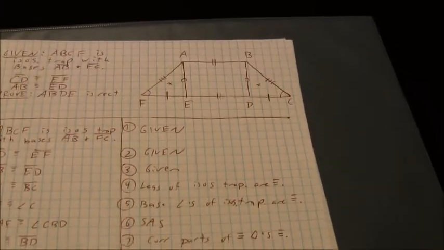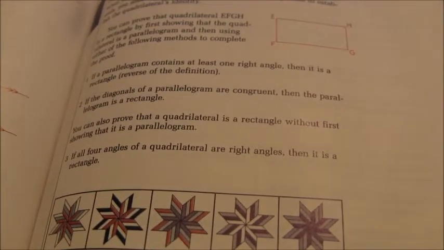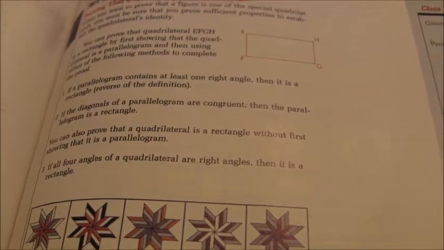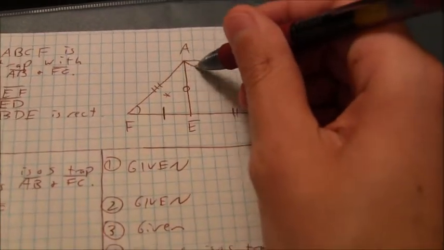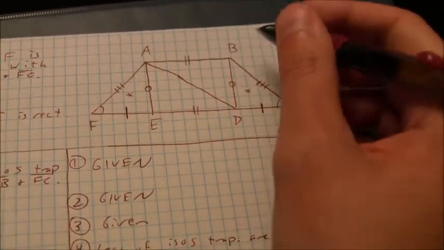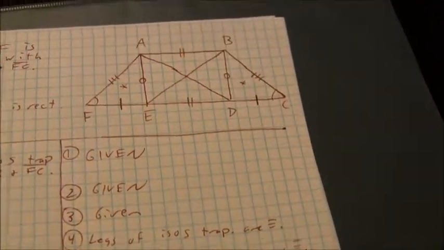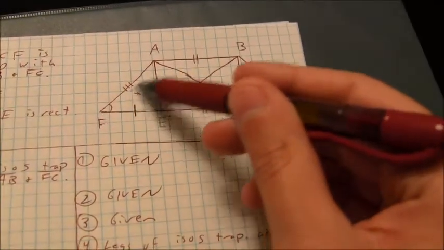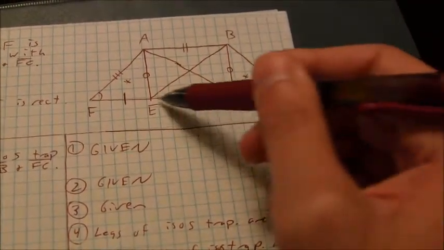Okay, so now I know opposite sides are parallel, any parallelogram relationships I need. Well, if you go back and take a look at the book, one of the methods I can use to show that I have a rectangle is that it's a parallelogram with congruent diagonals. My thought is that if I draw in diagonal AD and I draw in diagonal BE, that I'm going to be able to show these two overlapping triangles congruent relatively easily.